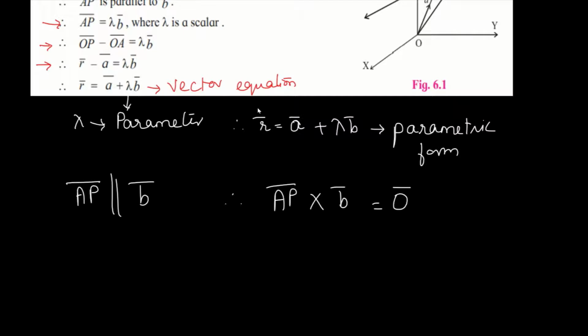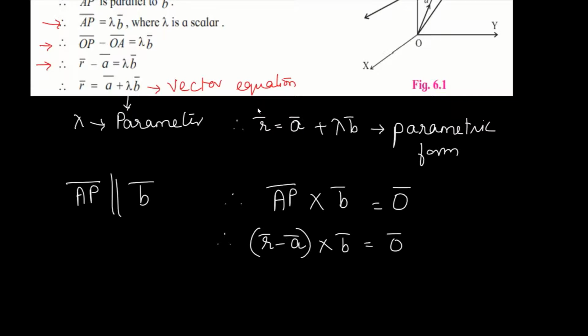You know that the cross product of two parallel vectors is 0. So AP cross B is 0, and therefore in terms of position vectors we can have (r minus a) cross b is equal to 0.